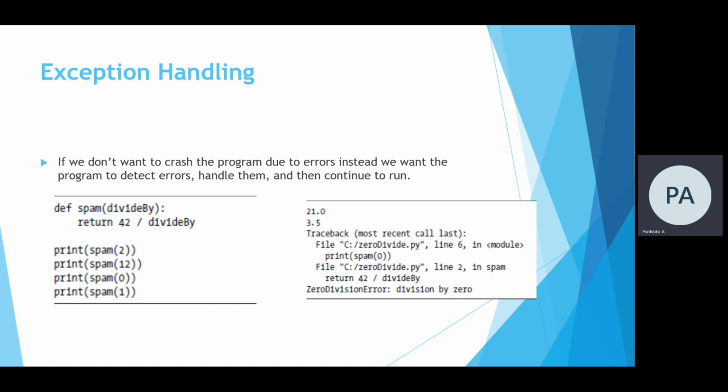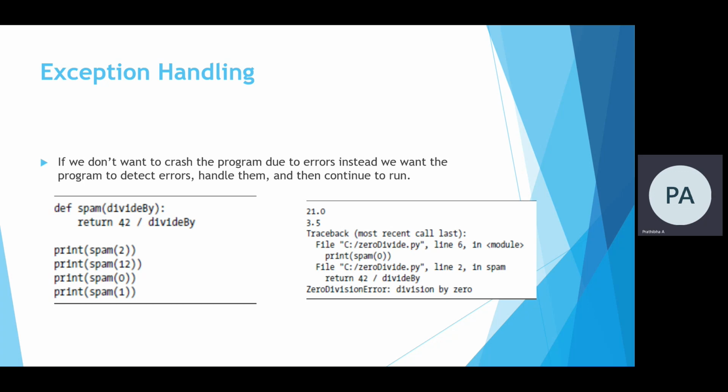You can see with this example, def spam(divide_by): return 42 divided by divide_by. This is my function called spam, and you pass it an argument. Here we are returning a value after dividing 42 by the value you passed as an argument.